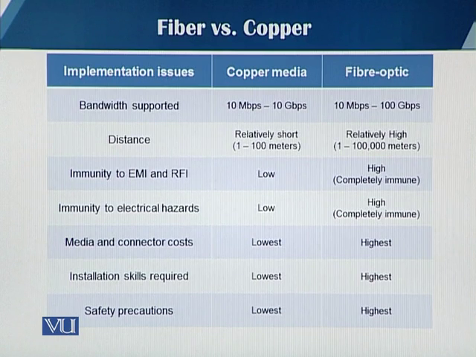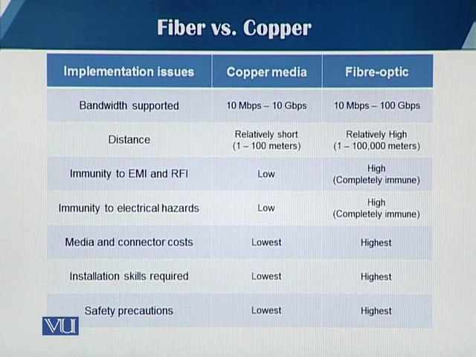Similarly, regarding distance, fiber optics covers a very long distance, in hundreds of kilometers, and it is also very much immune to electromagnetic interference or radio frequency interference. Similarly, fiber optics is also very much immune to electrical hazards as compared to copper media.